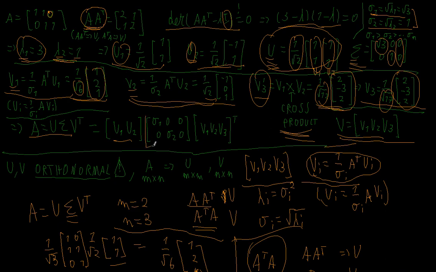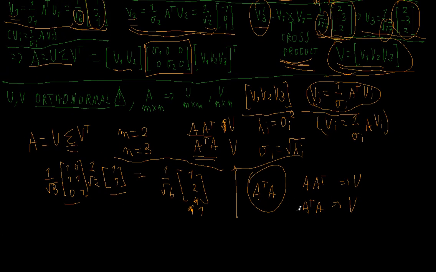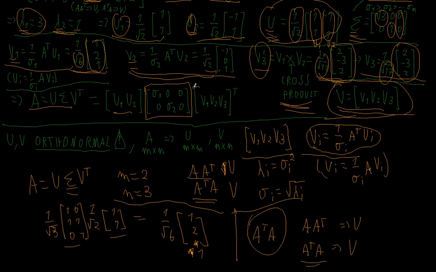Again, the matrix sigma has the same number of dimensions as the matrix A. And then we have V transpose, so V is, as said, this matrix here with the vectors V sub 1, V sub 2, V sub 3, which are again the eigenvectors associated to the eigenvalues for A transpose A. And so we have it here, and we take the transpose of it. So you can plug in the values if you want, and compute the whole result. But you just plug in the values, that's what we did. So yes, we have U, sigma, and V transpose.